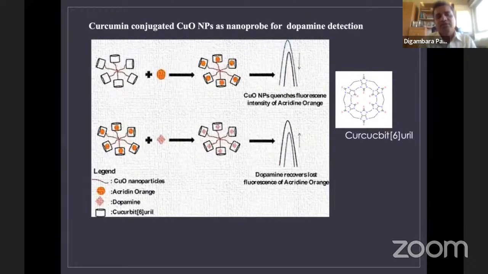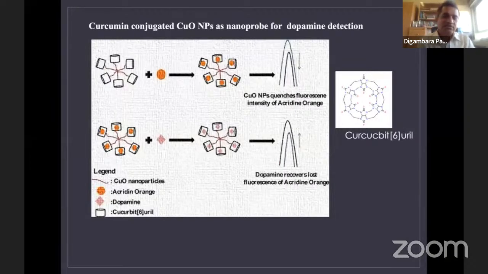For copper oxide, we use a method for an assay of dopamine. As you know, dopamine is responsible for depression, and there is a significant level of dopamine one should have, and always in clinical practice people estimate dopamine.